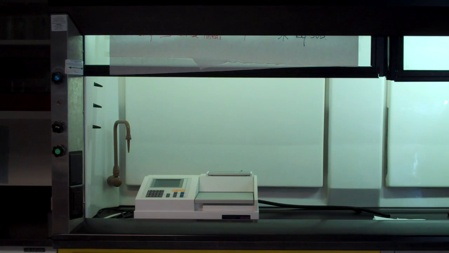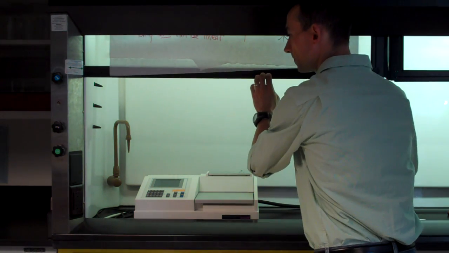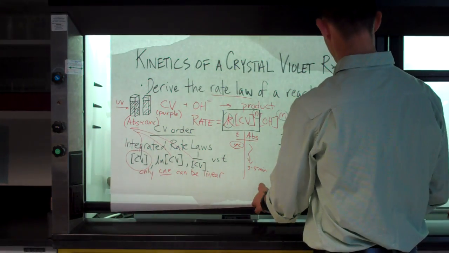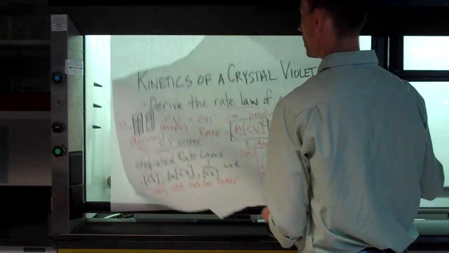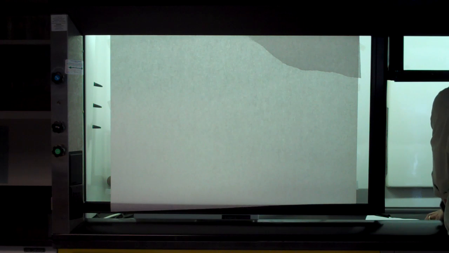Okay, let's go through the pre-lab questions for this week's exercise. These are great practice for your homework in Kinetics, and they give you a little bit of an idea of what we're doing in the lab as well today.